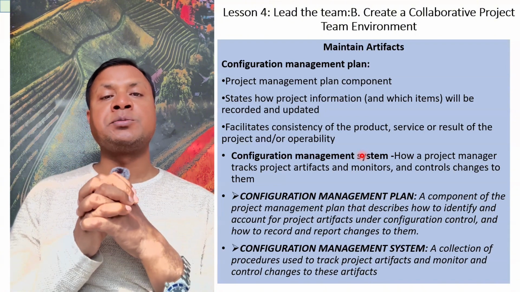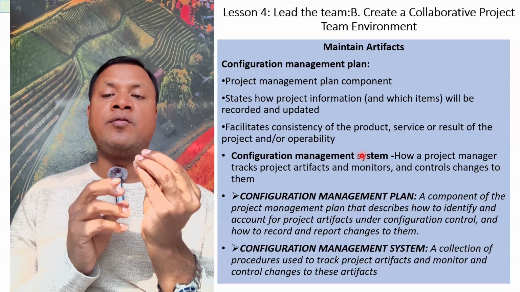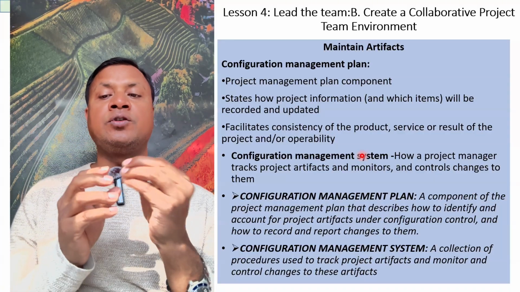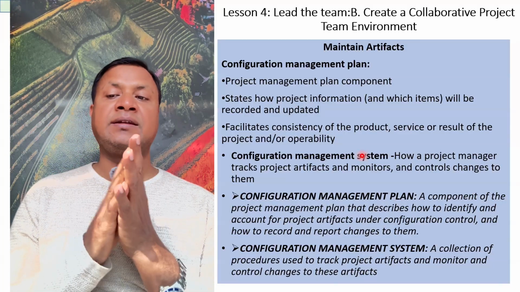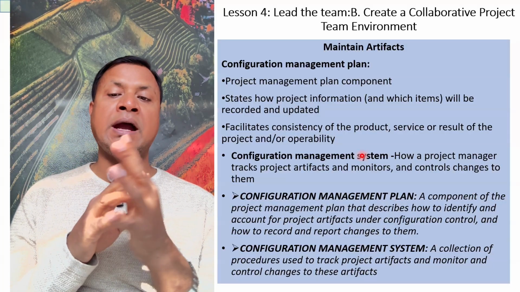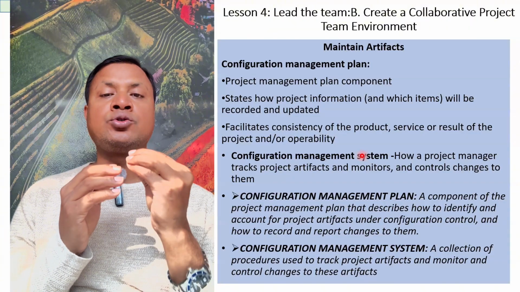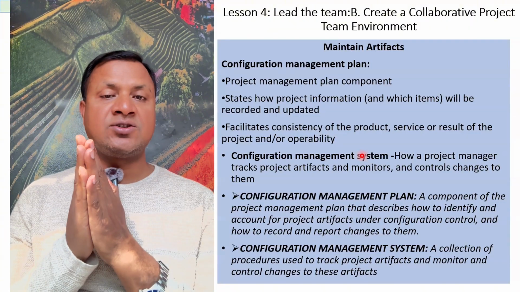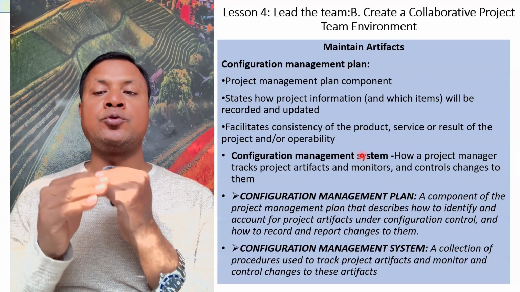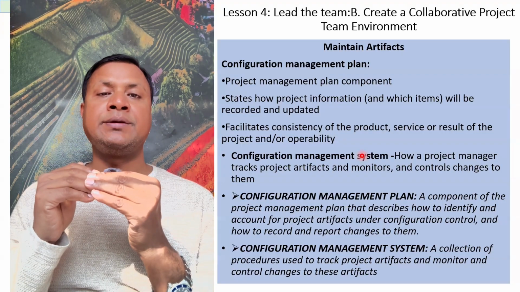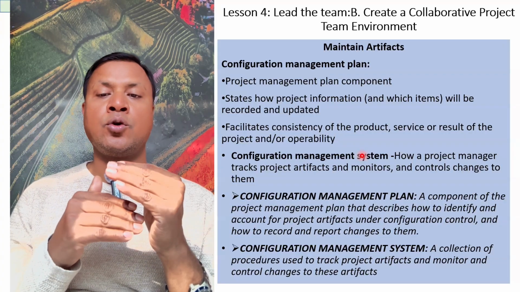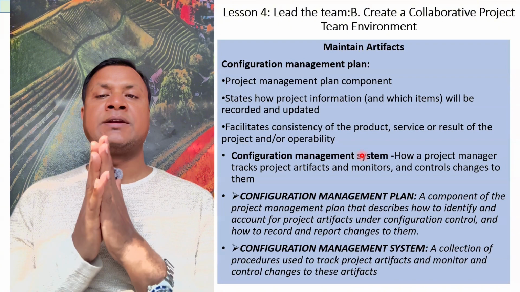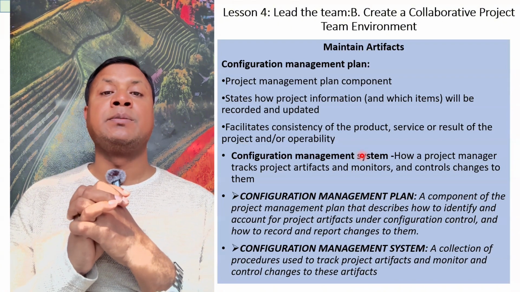So the configuration management plan is a component of the project management plan that describes how to identify and account for the project artifacts under configuration control, and how to record and report change to them. So you have to make a list of artifacts and always update, maintain, control, and report the change to the team. That's called the configuration management plan.